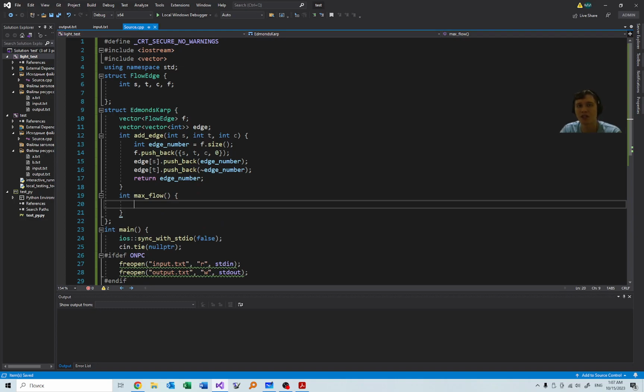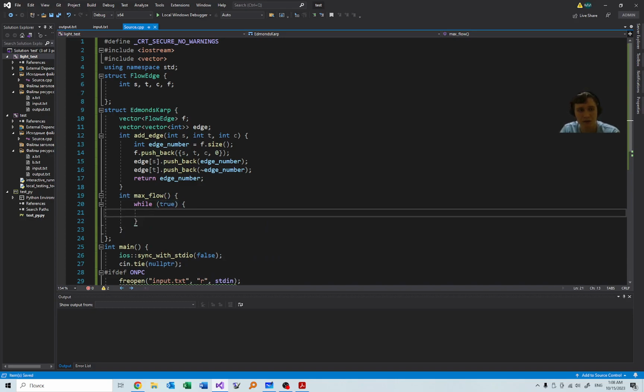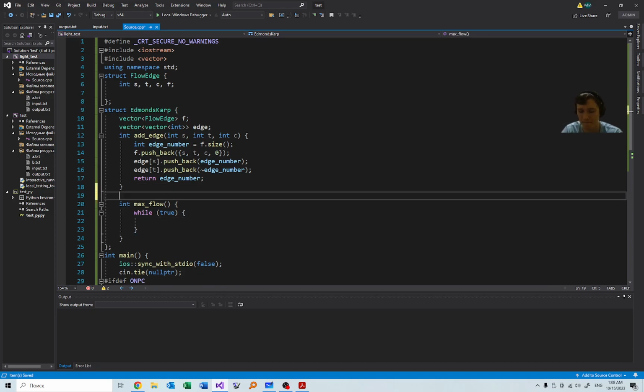And here we just find the minimum cost. No, not minimum cost, just maximum flow. So we do while true. So we construct the BFS tree.